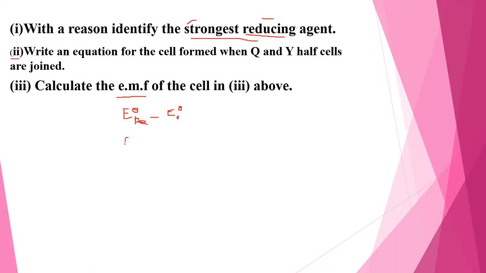The reduced one was 0.34, which was positive, minus negative 0.12, and negative and negative is positive, so it is 0.34 plus 0.12, which is 0.46 V. It is positive. You have to write the charge and then the unit.